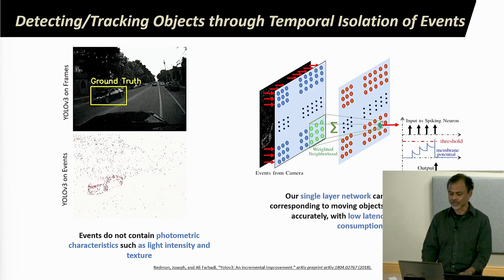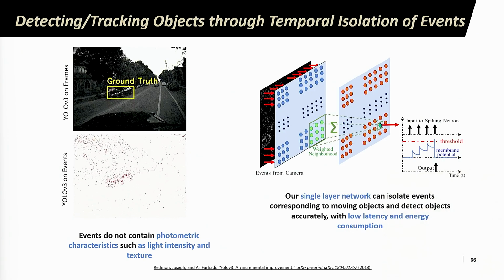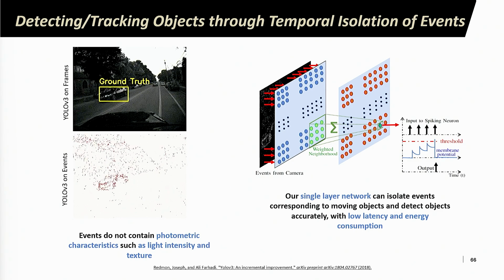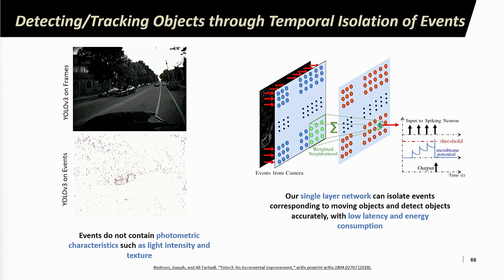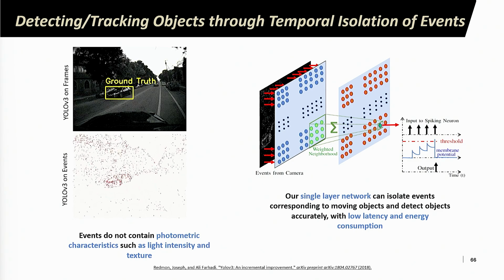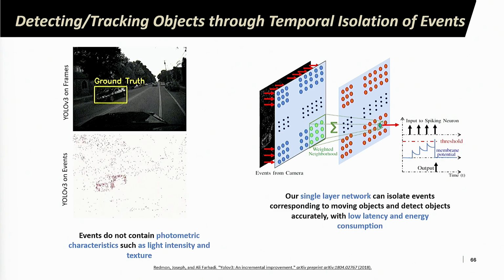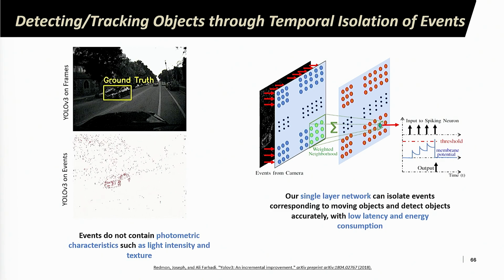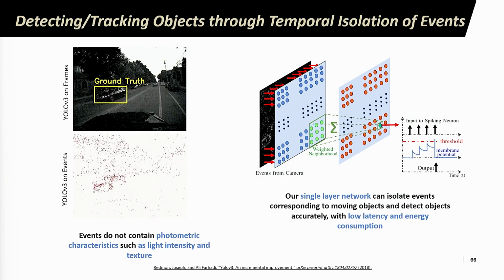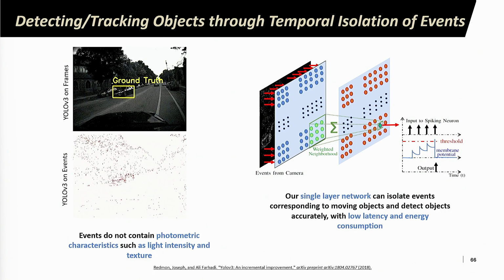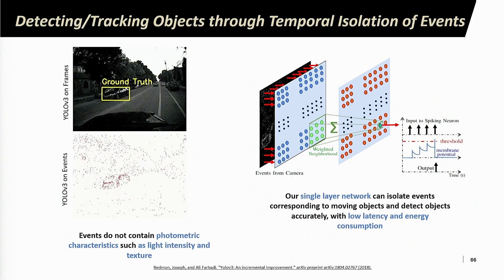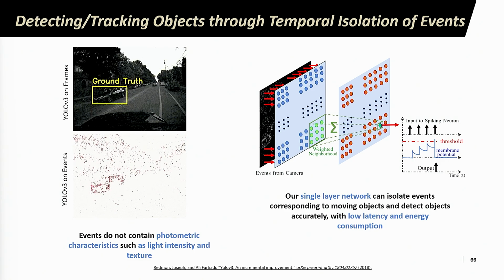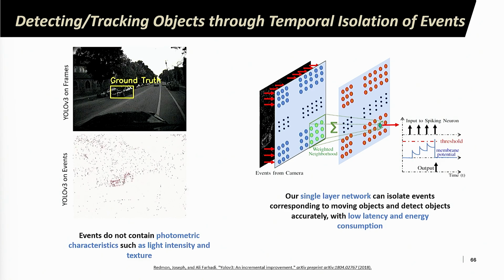So to that effect, what we did is we actually ended up using just one layer of spiking network. And this one layer of spiking network can not only figure out what the object is, but also at the same time, using a clustering algorithm along with it, you can figure out the bounding box, and at the same time, it can also figure out the speed the object is moving at.